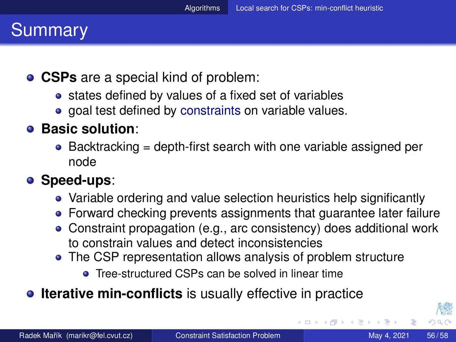So from a summary point of view, constraint satisfaction problems are a special kind of problem. We have variables, we have values, and we have a kind of state that describes the assignment of values to variables.